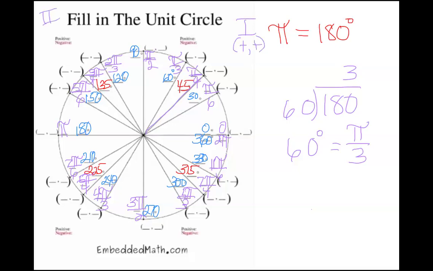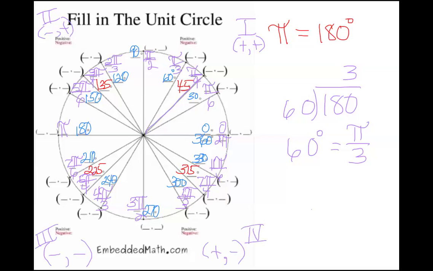And in the second quadrant, X is negative, Y is positive. In the third quadrant, they're both negative. And in the fourth quadrant, X is positive and Y is negative.